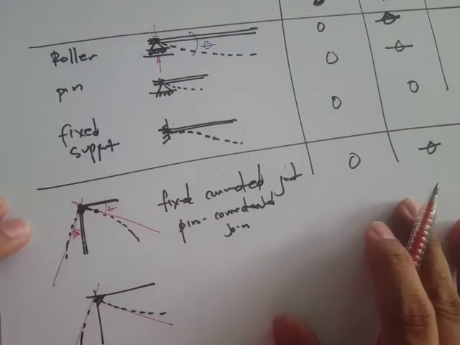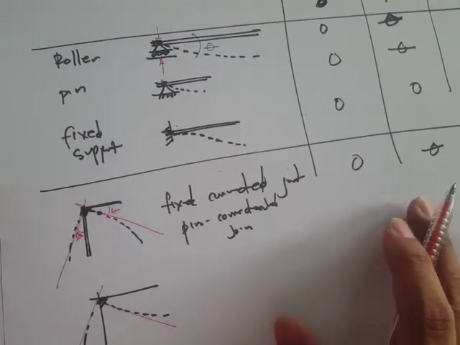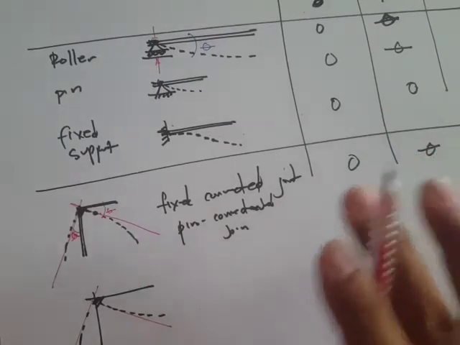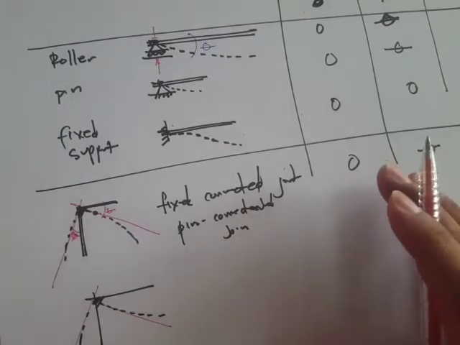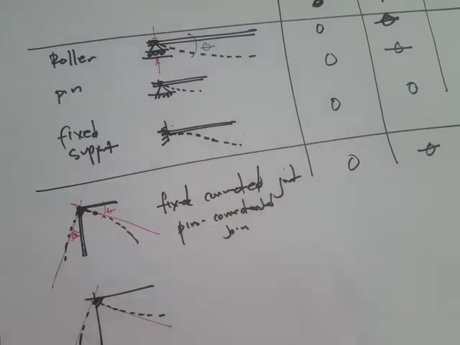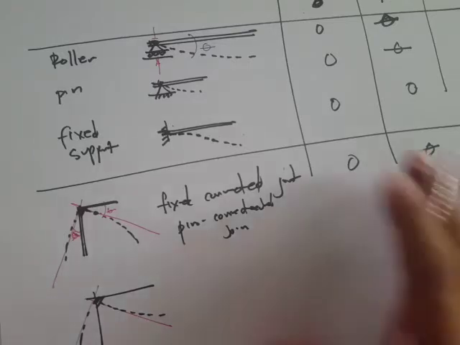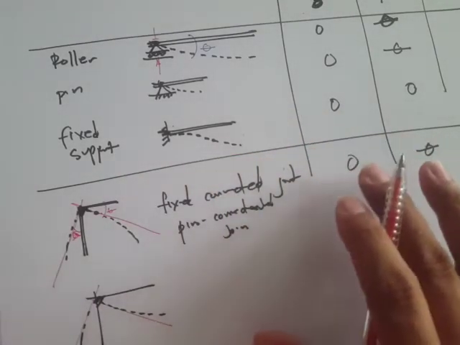I don't have plans to have exercises regarding this. Just an overview. The main point of this lecture is so that when we use the structural analysis software, we'll be able to understand these things.